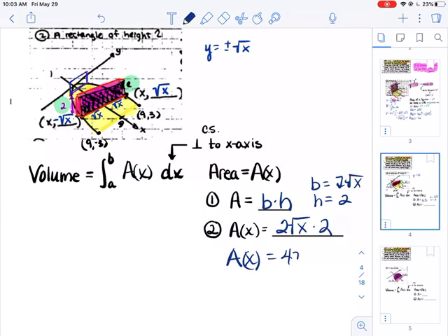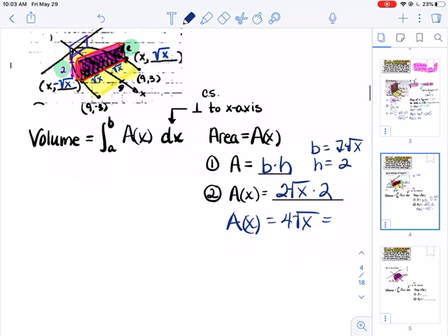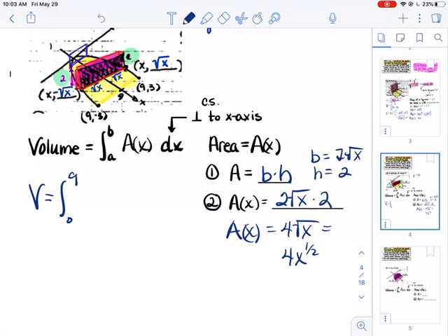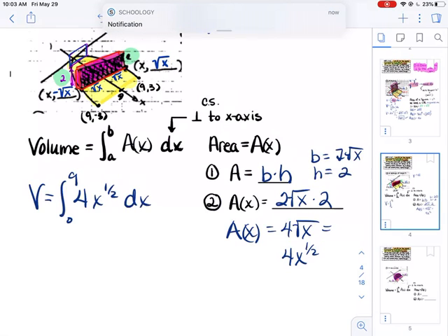A of x is equal to 4 square roots of x, or we could write that as 4x to the 1/2 power, since we're going to go ahead and integrate that anyhow. The limits would be the same. So we get the volume is equal to the integral from 0 to 9 of 4x to the 1/2 power dx. Once we have our integrand, we can go ahead and integrate now.